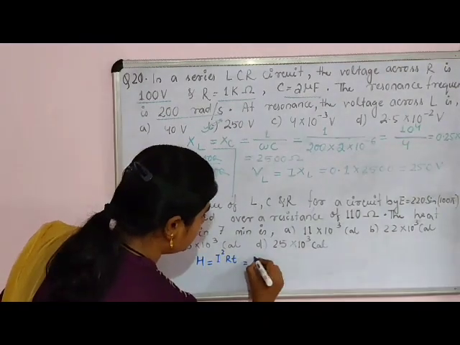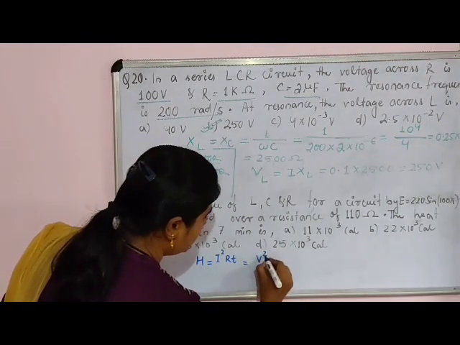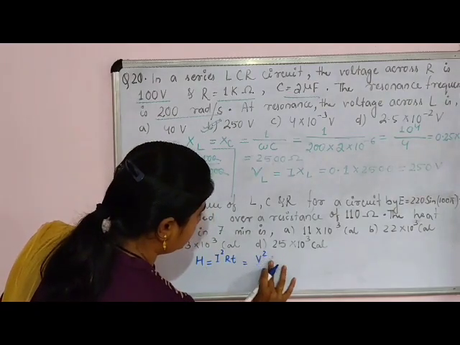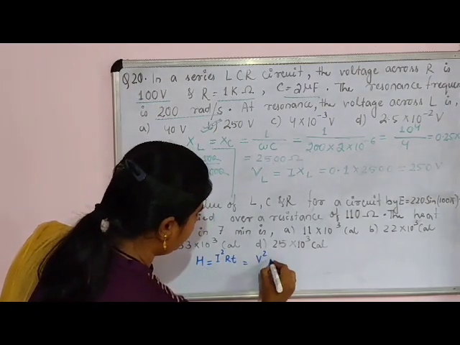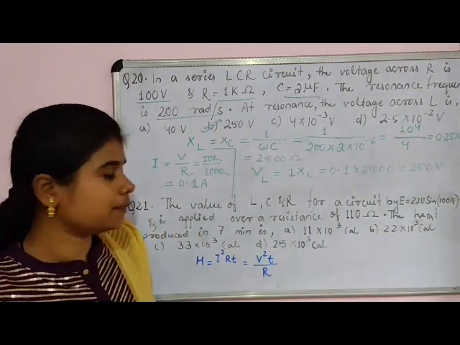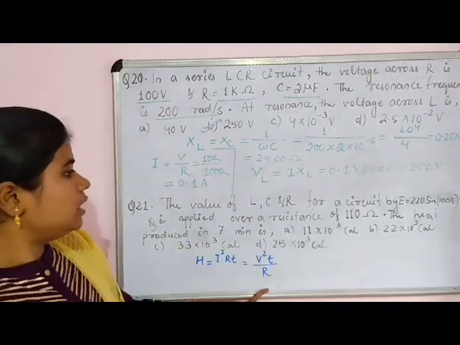So that will be equal to V square T by R. Clear?